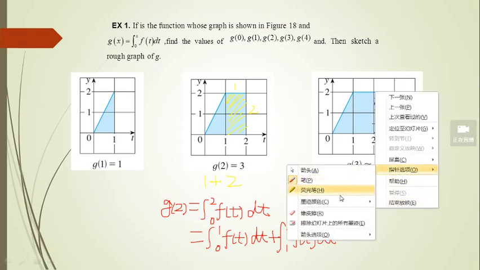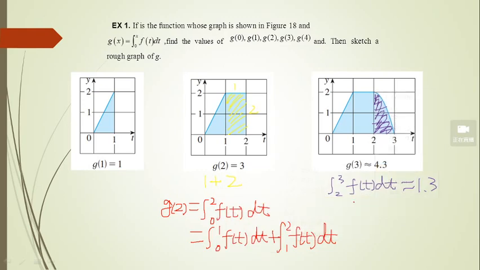Now G3 means, according to the definition of the function gx, G3 means the integral from 0 to 3 of ft dt, right? You follow this rule, you can write it as 0 to 2 plus 2 to 3. 0 to 2 is 3, and we estimate 2 to 3 is 1.3.